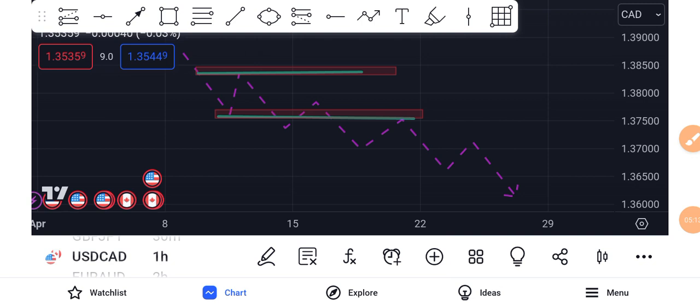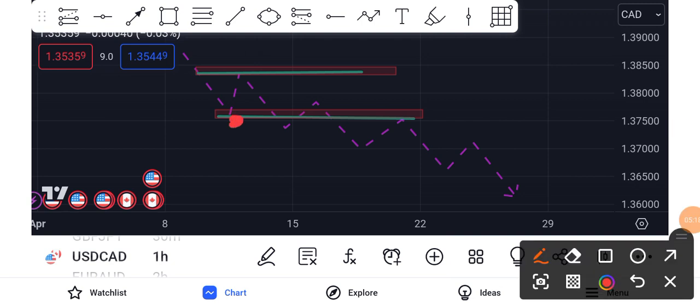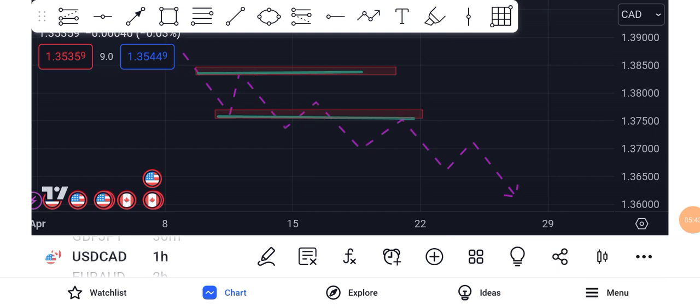And when the market came all the way down, it met a support and it bounced all the way up to a resistance. It came back and broke through the previous support and retraced back into it, because it was now becoming a resistance. It broke all the way down, created another support, and from the support it retraced back to a resistance. So that's how it works. It's very easy, guys, to identify supports and resistance on your chart.